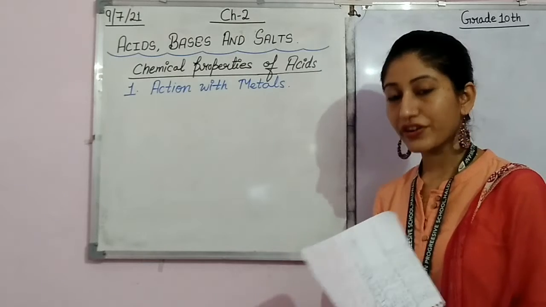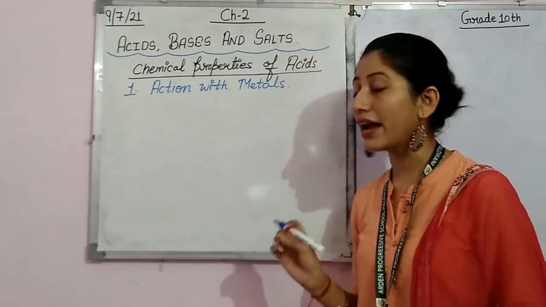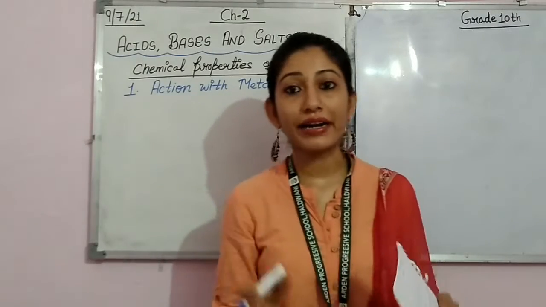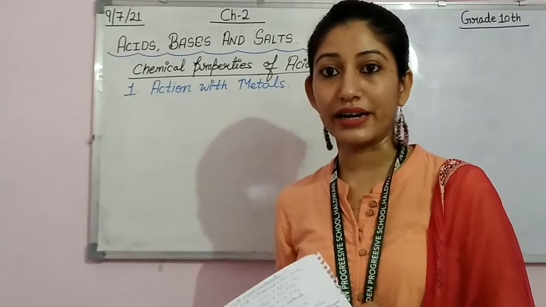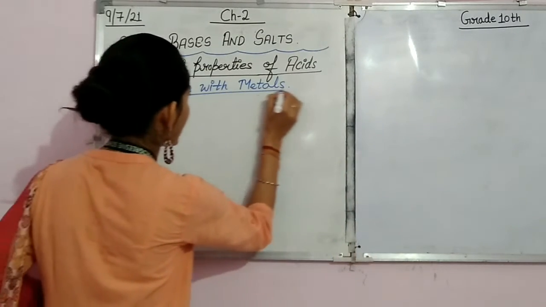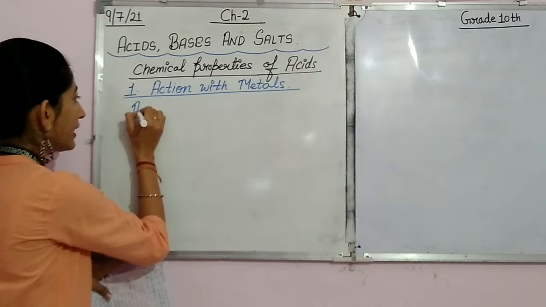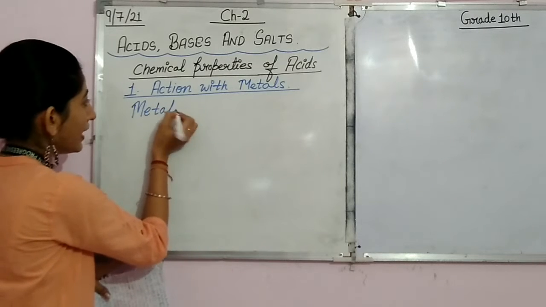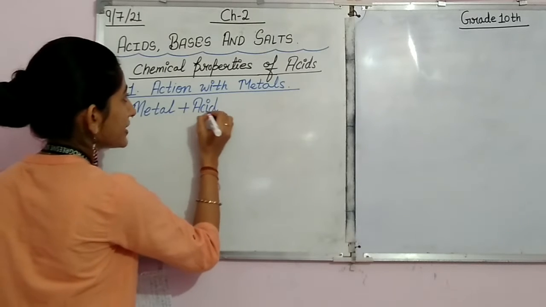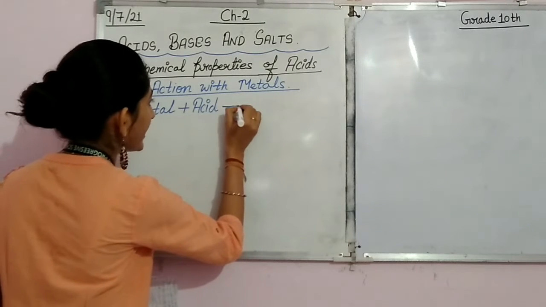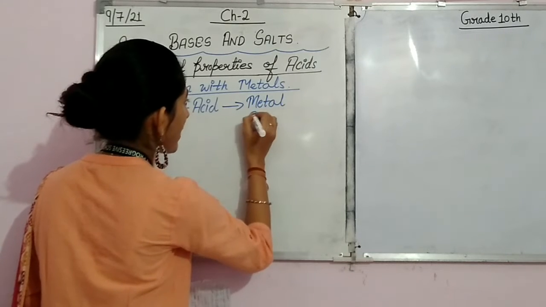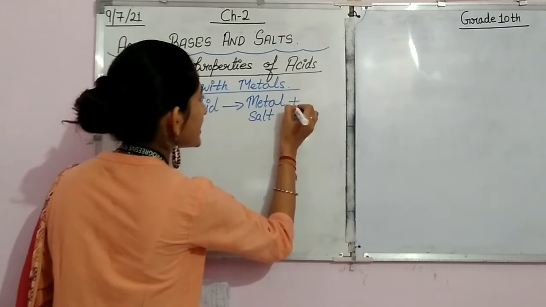Before going further, first I am going to tell you one thing, that if you remember it, then whenever you show the reaction between a metal and an acid, you will definitely get the correct answer. When we talk about the action with metals, we always remember that metal reacts with acid to give metal salt plus hydrogen.